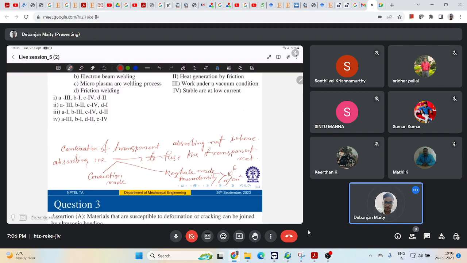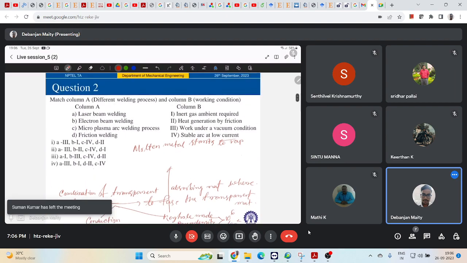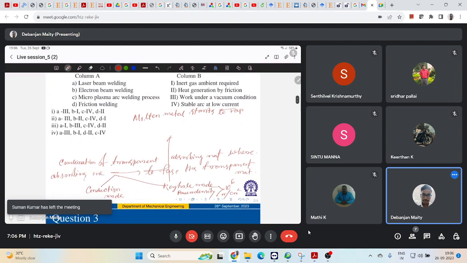And in keyhole mode, what happens is molten metal starts to vaporize.